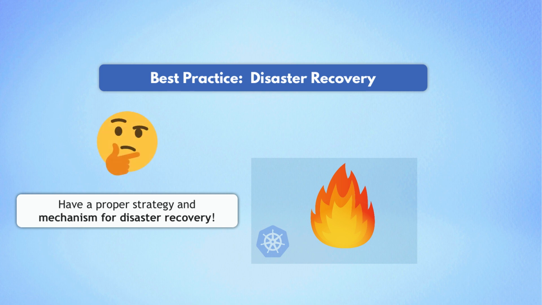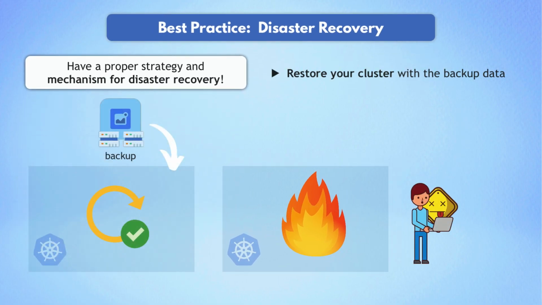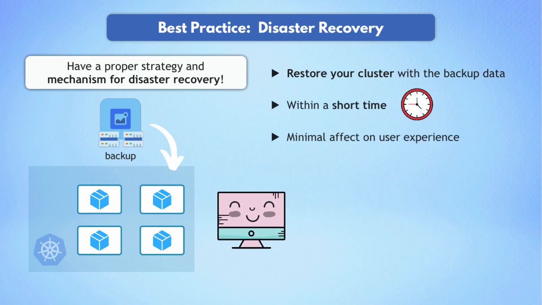So what do you want to do in an attack scenario? Well, you want to restore your cluster with the backup data and get it up and running within a short time and make your application available to your users again with minimal effect on user experience. So the last security best practice is to have a mechanism for when an attack actually happens.